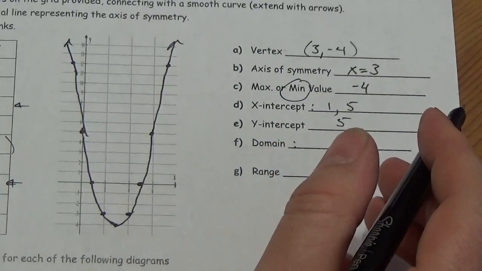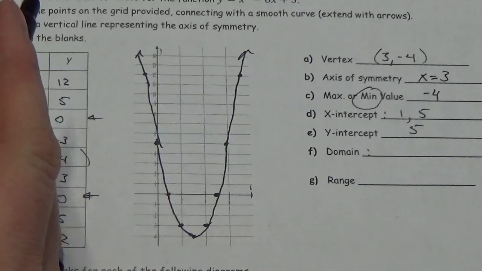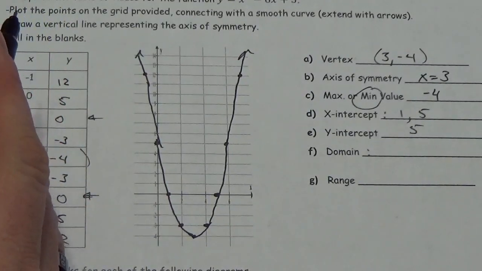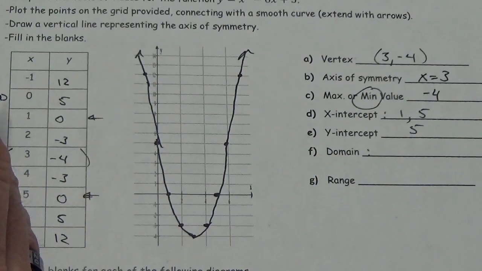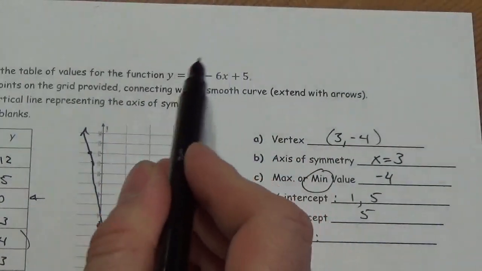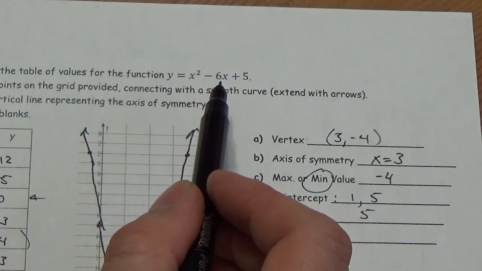The domain for this function here, and if I just think about this, remember that the domain is the set of all acceptable, allowable values for the independent variable, so for x. And if I take a quick look at what I'm doing to the x value with my function here, I'm squaring it and then subtracting 6 times x and adding 5.